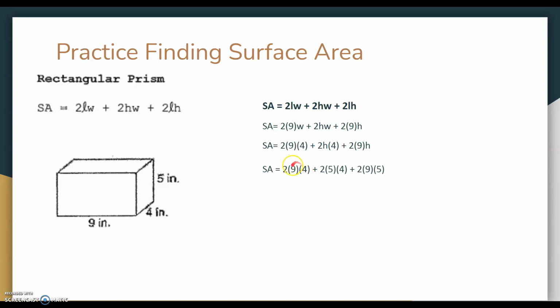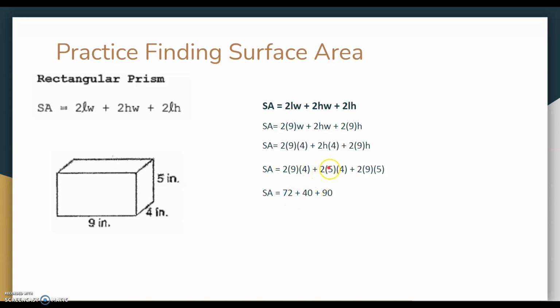Now that I have substituted everything in and I have no letters left, I can now solve this. So thinking of PEMDAS, we need to multiply first. So we need to multiply all 3 sets of numbers that we have, and then our last step would be to add them at the end. So if I were to take 2 times 9 times 4, I get 72.